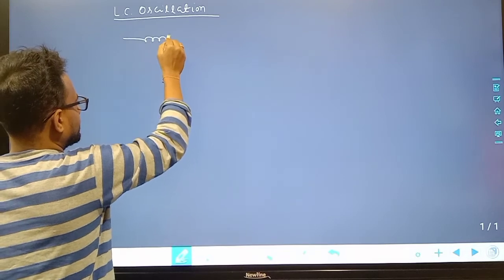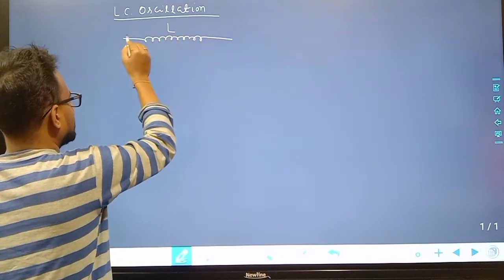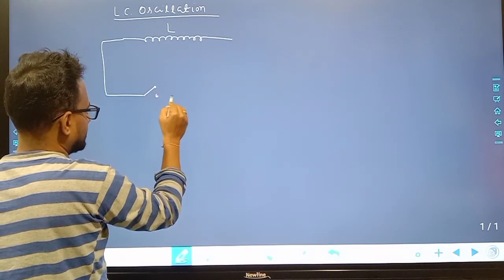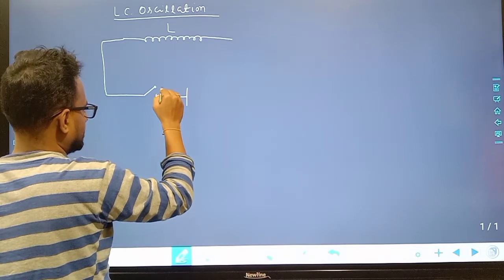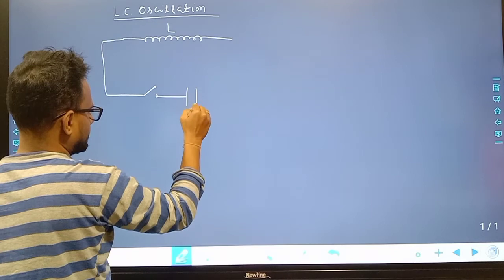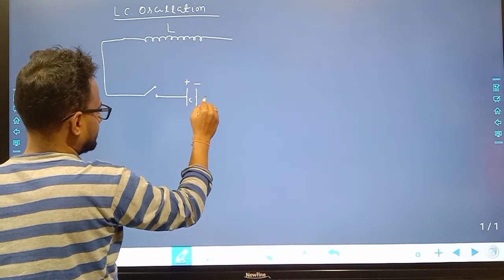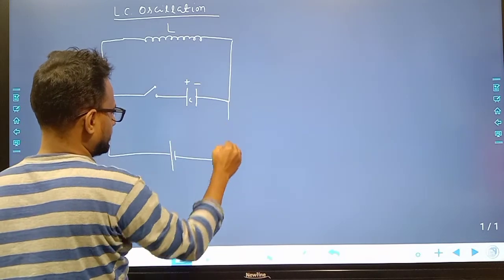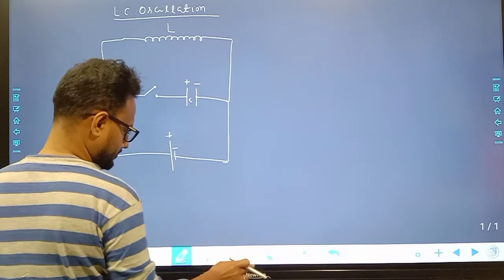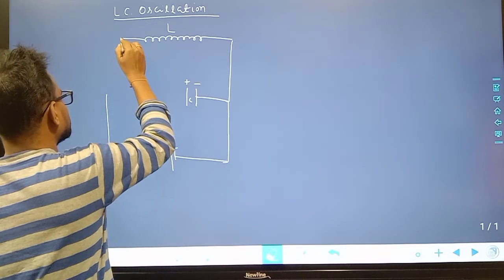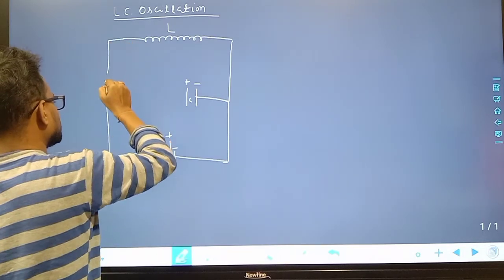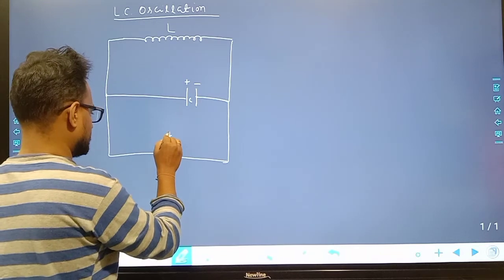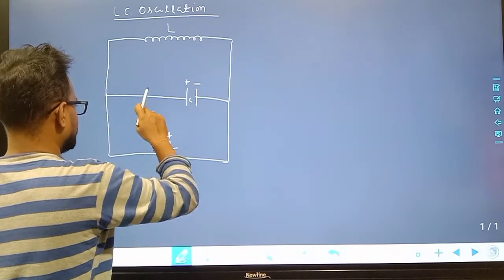Consider an inductor of inductance L, connected with a capacitor of capacitance C, and the capacitor is connected to a battery. There are two keys.